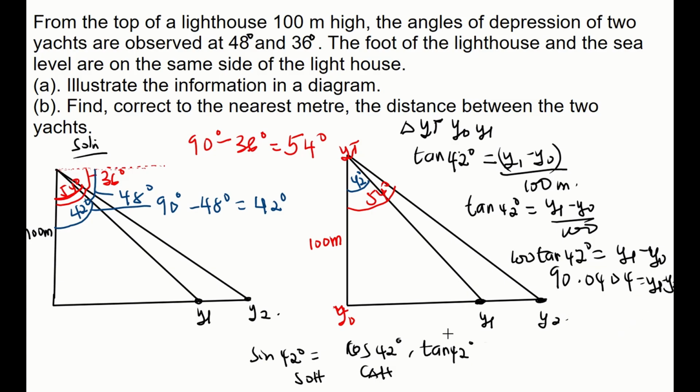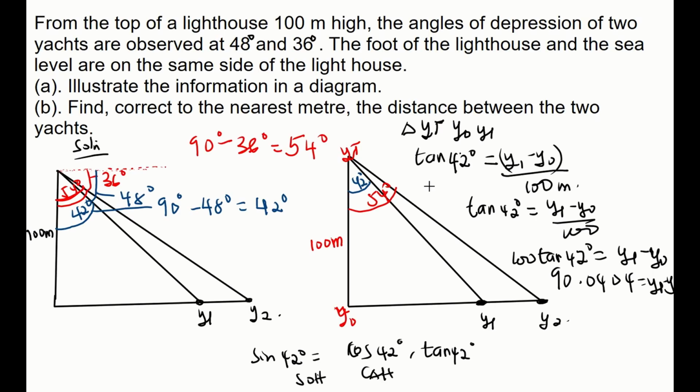Then we also have to look at the second one. We consider the triangle yt, y naught, and y2. That means we are finding tan of 54 degrees, because the angle formed over here is 54 degrees.